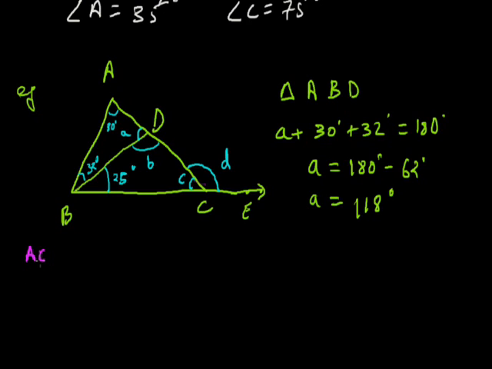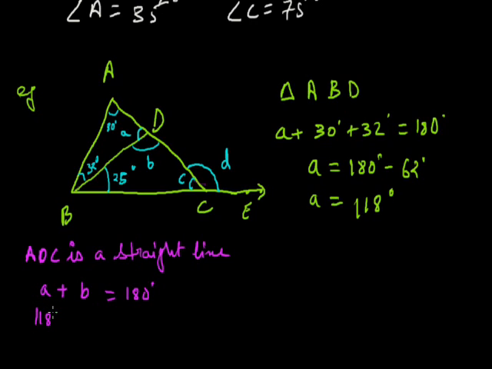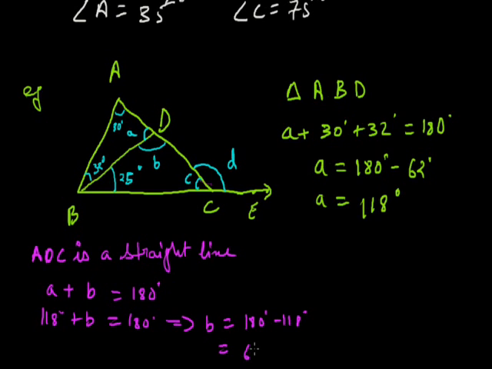Now here you can see that ADC is a straight line. So A plus B will be equal to 180 degrees. And we have just calculated the value of angle A, that is 118 degrees, plus B is equal to 180 degrees. Now this implies that angle B is equal to 180 degrees minus 118 degrees. So angle B will be equal to 62 degrees.